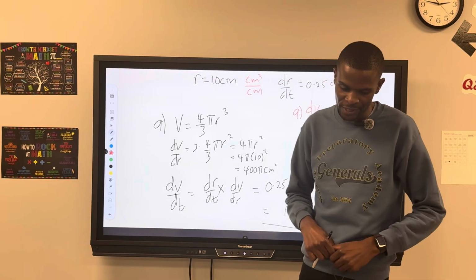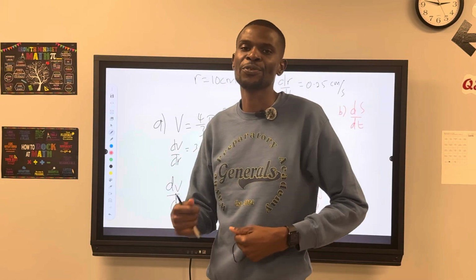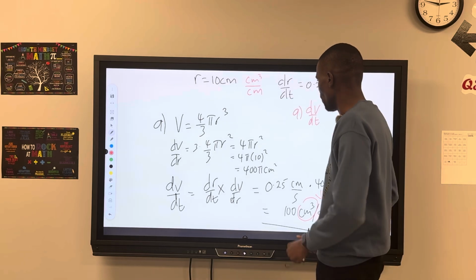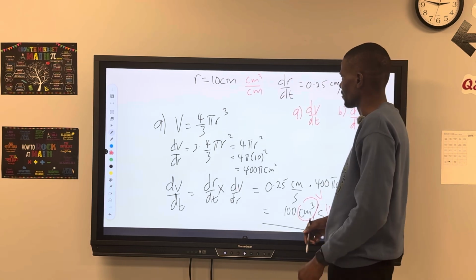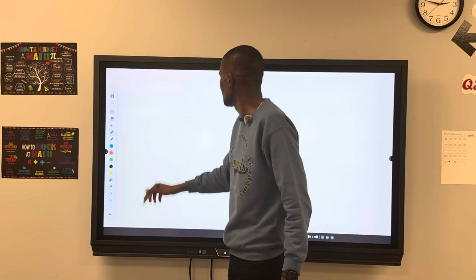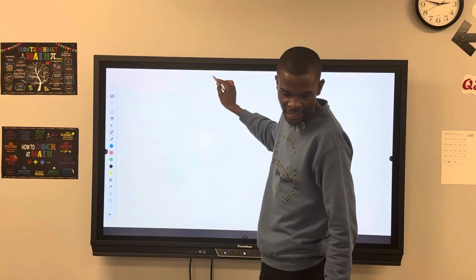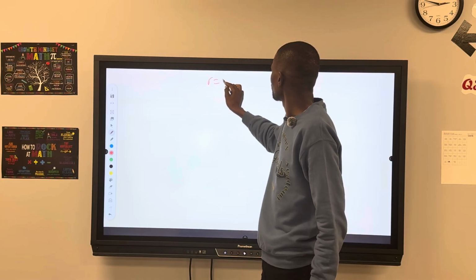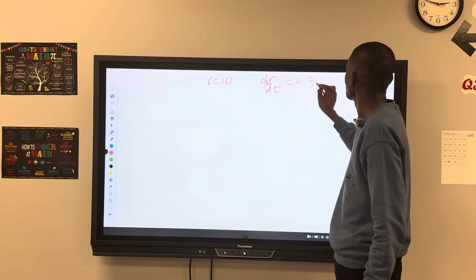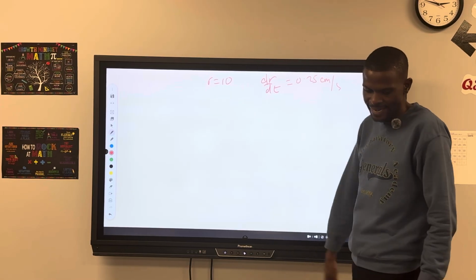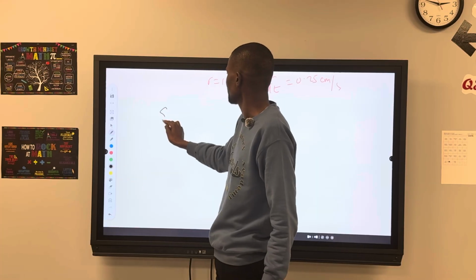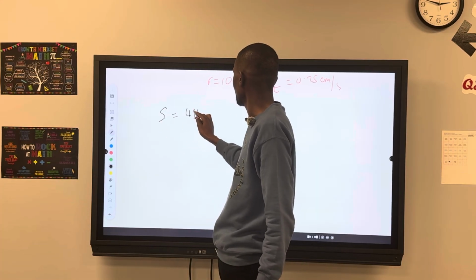So this is part A of the question, where we found the rate of increase of volume with respect to time. Now let's move on to finding the rate of change of surface area. The given information, I can write it down again: our radius was 10, our dr/dt was 0.25 centimeters per second. We know that the surface area is equal to 4 pi r squared.